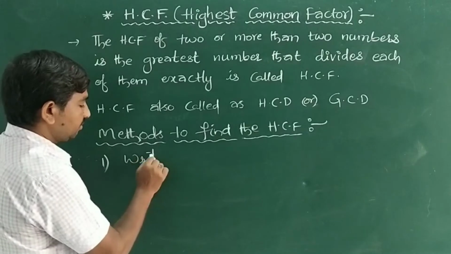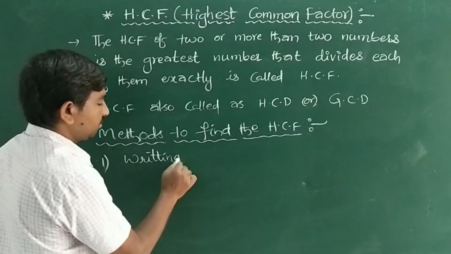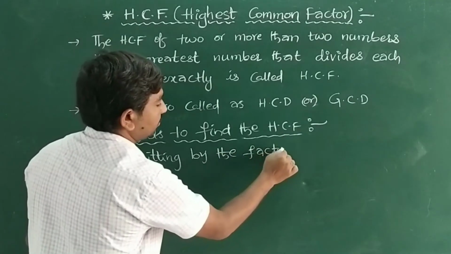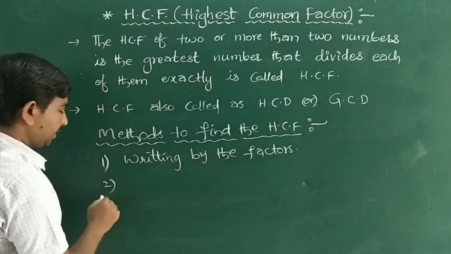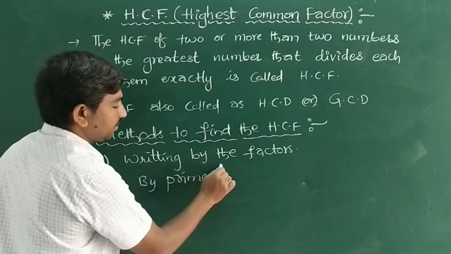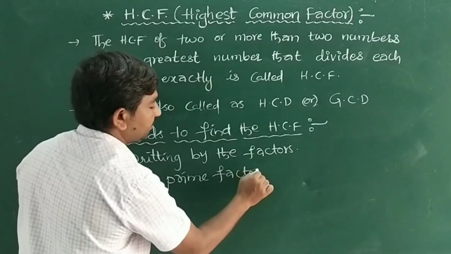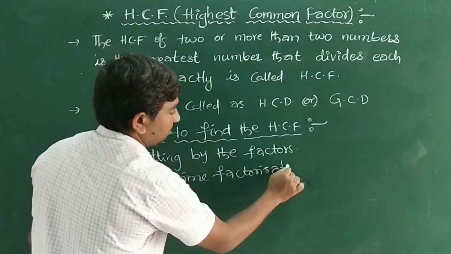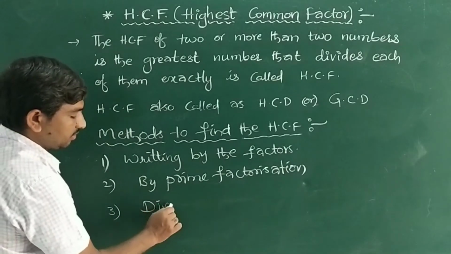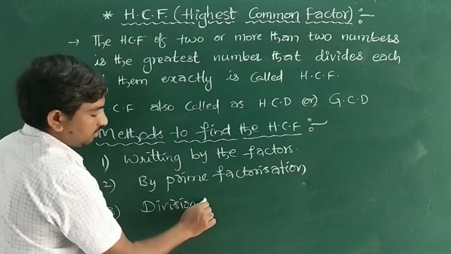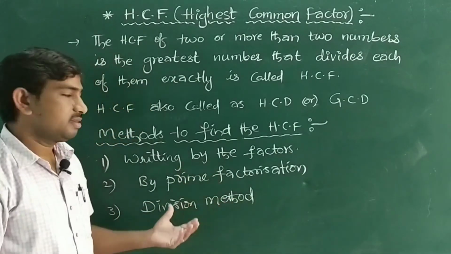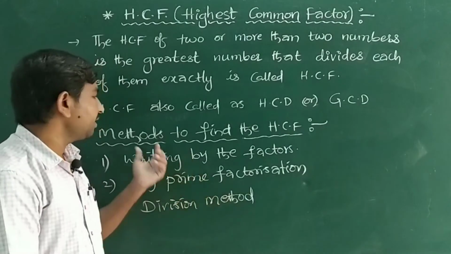The second one is the prime factorization method. The third one is the division method. These three are the most important methods to find the HCF.